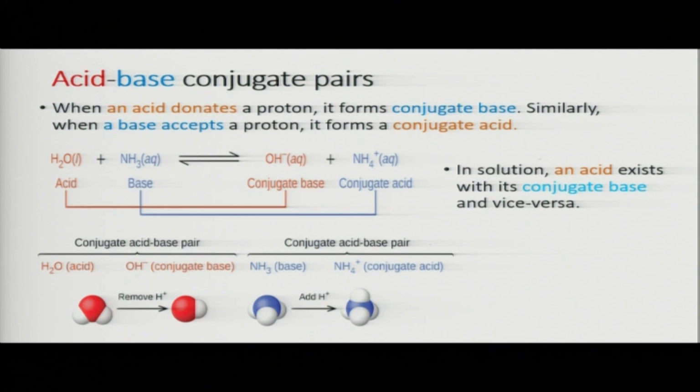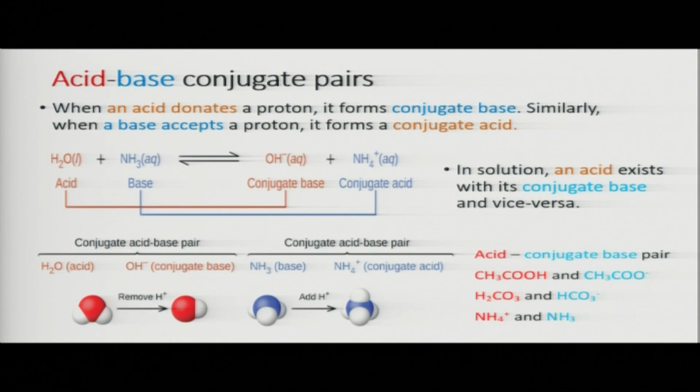I pause. Take a close look. Take a minute and comprehend the meaning of the acid-base conjugate pair. Look at those structures and comprehend what we mean. We're talking in terms of losing a proton and gaining a proton. When you lose, you become an acid. When you gain, you become a base. Meaning, water lost a proton, OH- is formed. OH- can also gain a proton, and so that's why it is a base, but it's a conjugate base for water as an acid.